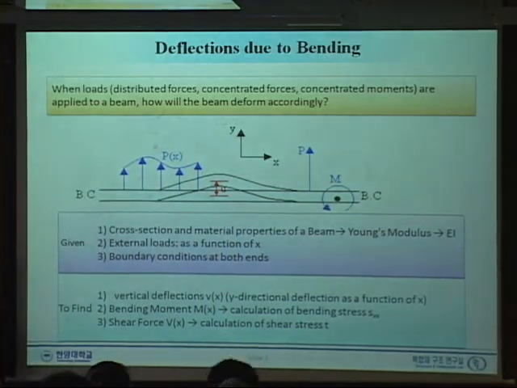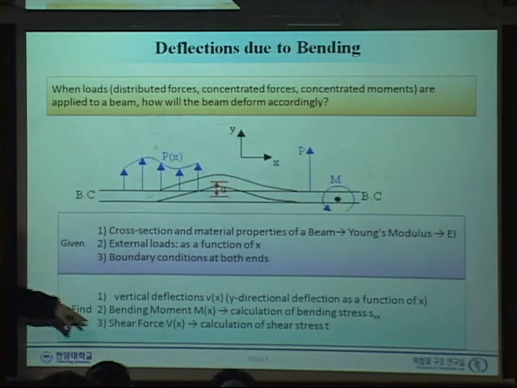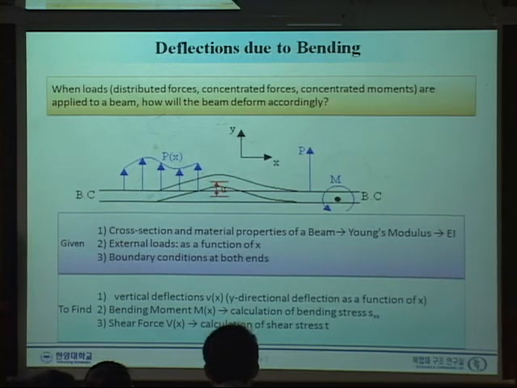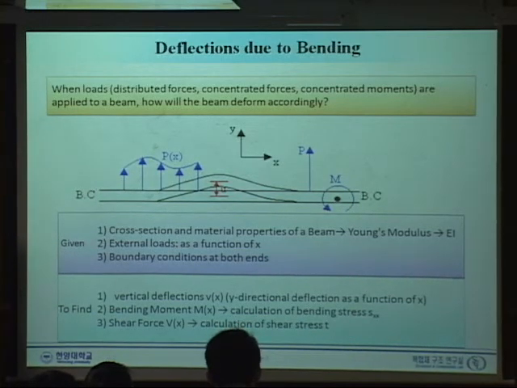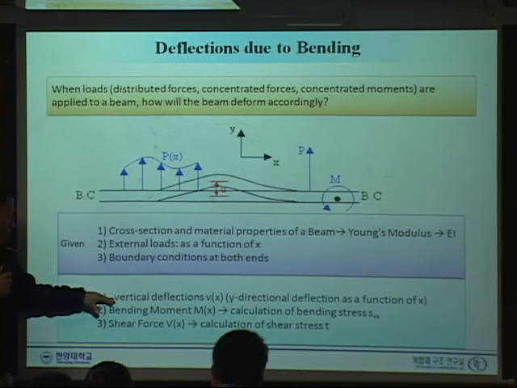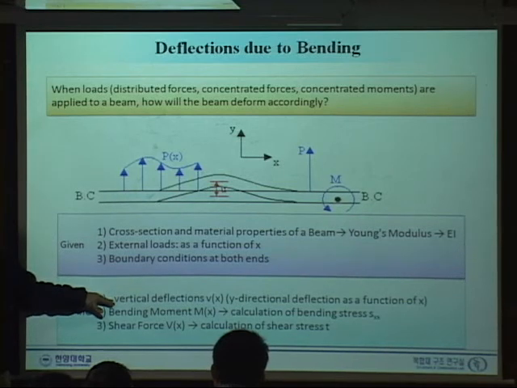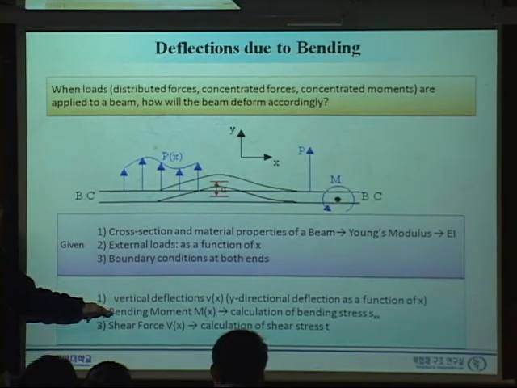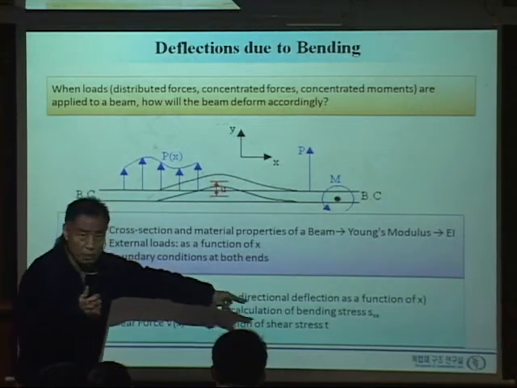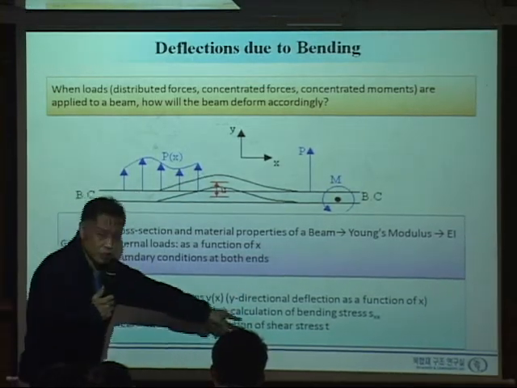And then we can also calculate the shear force, which enables us to calculate the shear stress. So keep that in mind. We will calculate the vertical deflection, bending moment and shear force. Bending moment will give us the bending stress, and shear force will give us the shear stress.